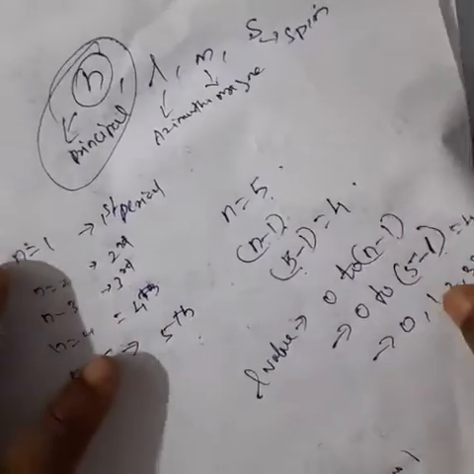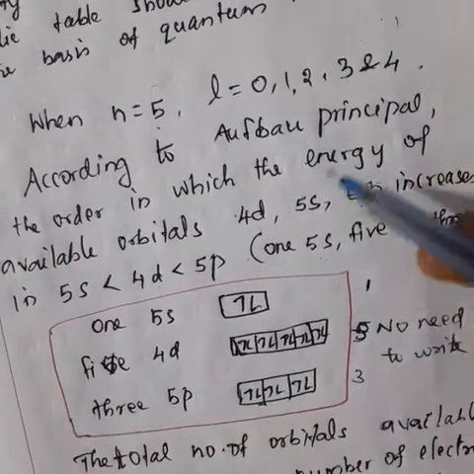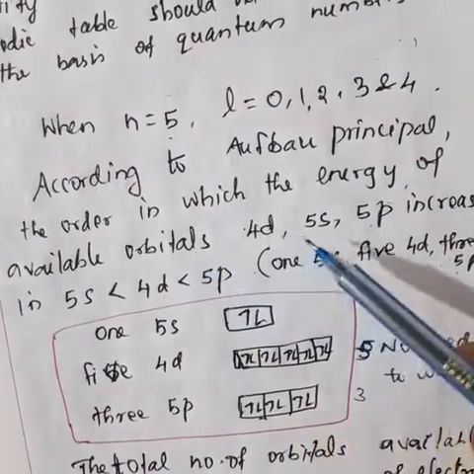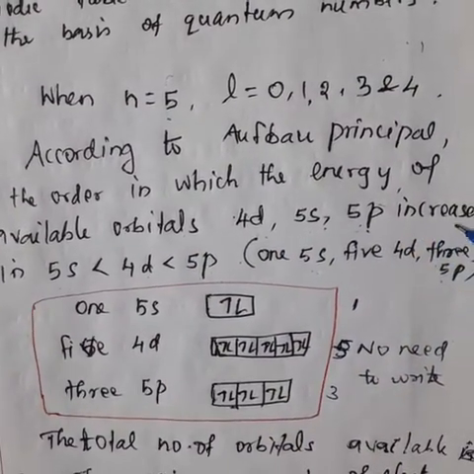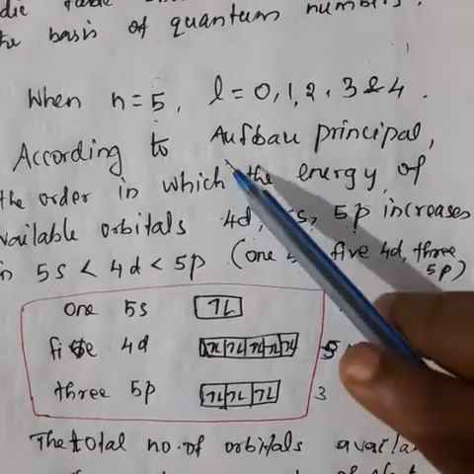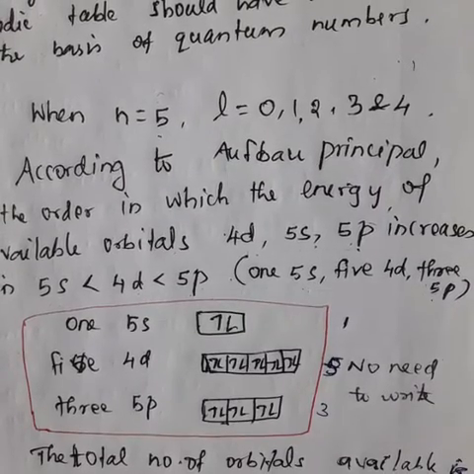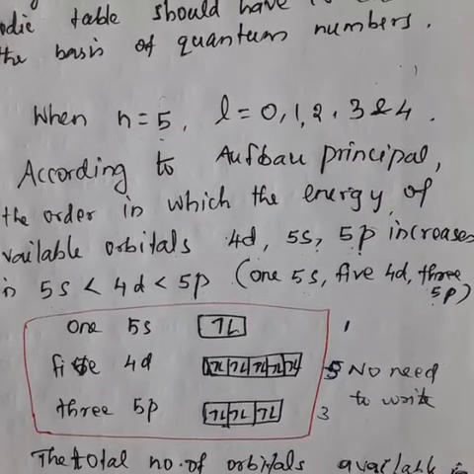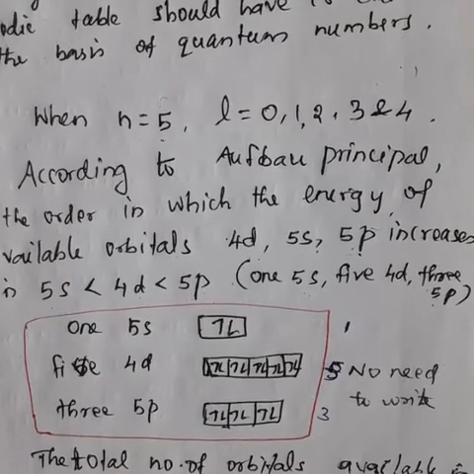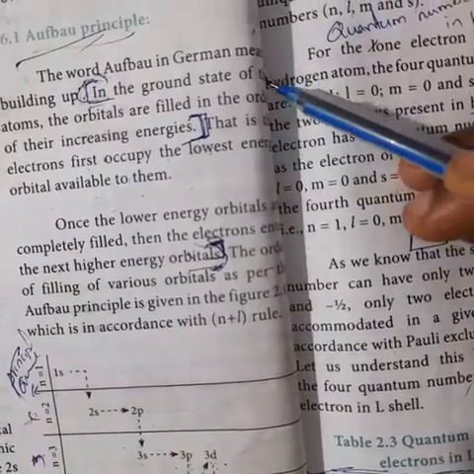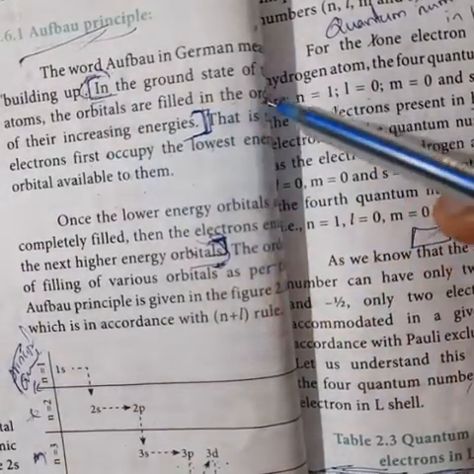According to the Aufbau principle, the order in which the energy of the available orbitals 4d, 5s and 5p increases. What do you mean by the Aufbau principle? In the ground state of the atoms, the orbitals are filled in the order of their increasing energies.